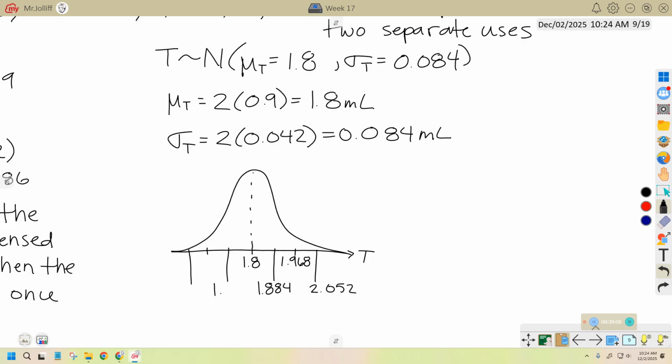And then 1.716, 1.632, and 1.548. Calculators are your friend.